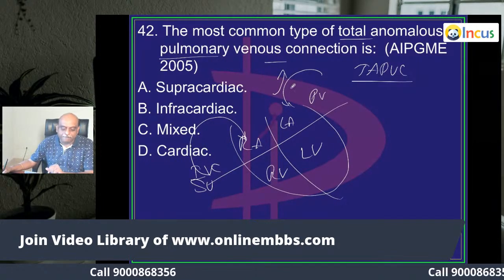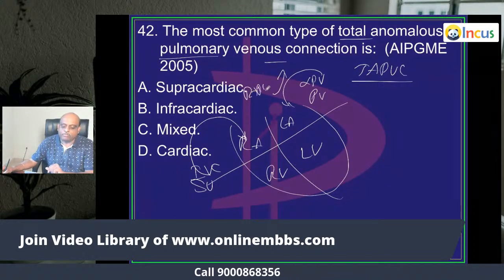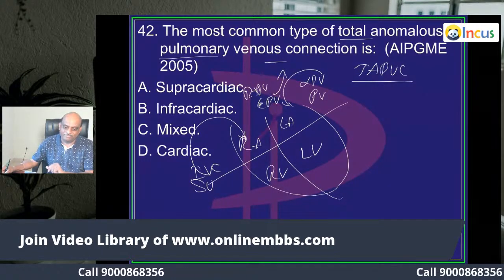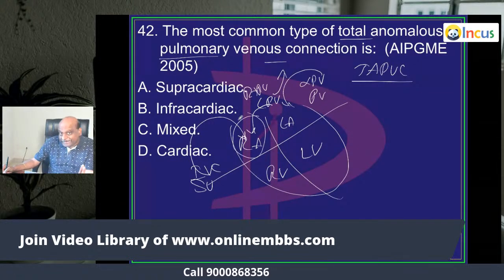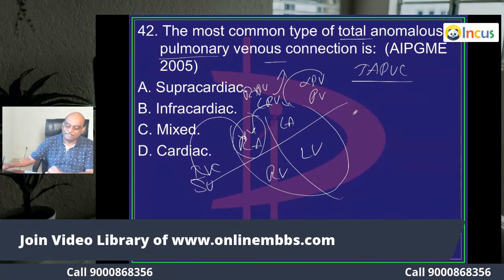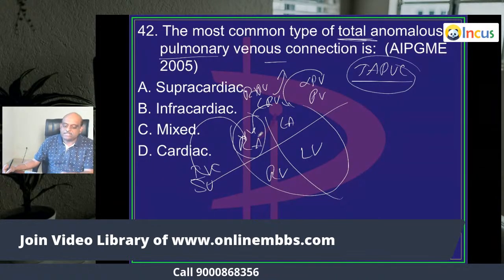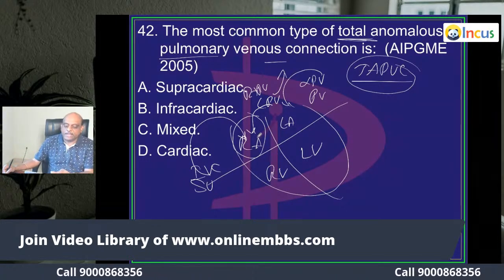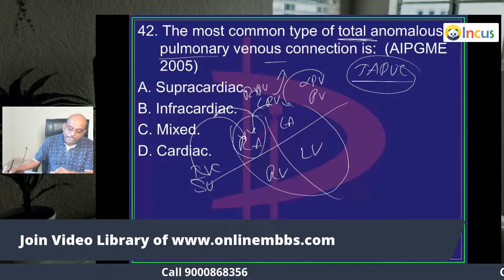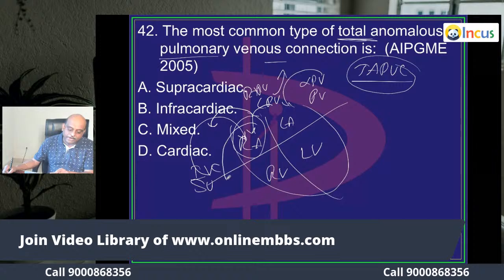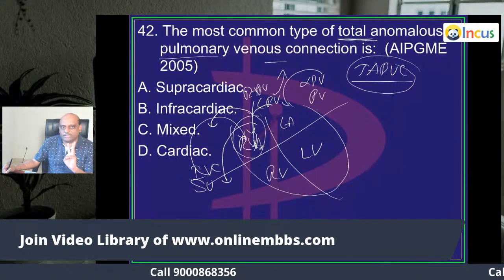The left pulmonary vein, right pulmonary vein together will form common pulmonary vein and drain, instead of into left atrium, it will drain into right atrium. And that is the problem of TAPVC. But this common pulmonary vein can drain into SVC, or it can drain into IVC, or directly into right atrium. One of the three possibilities.